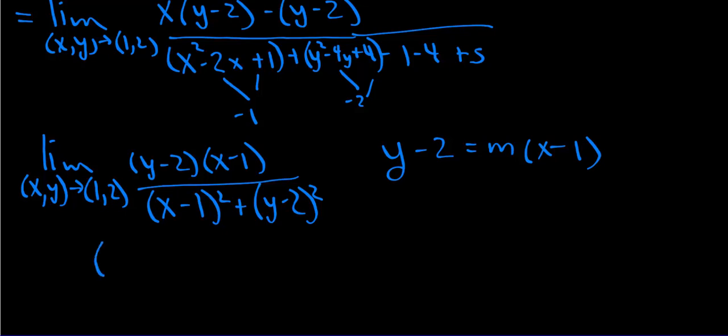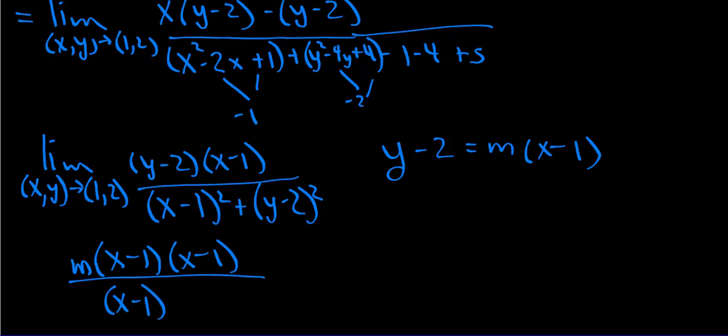So I've got m times x minus 1 times x minus 1. Okay. Down here, I've got x minus 1 squared plus m squared x minus 1 squared, right? Is that right? Yeah, okay.